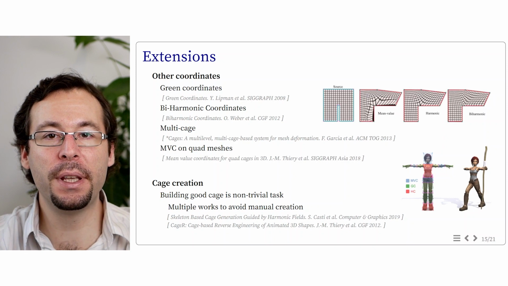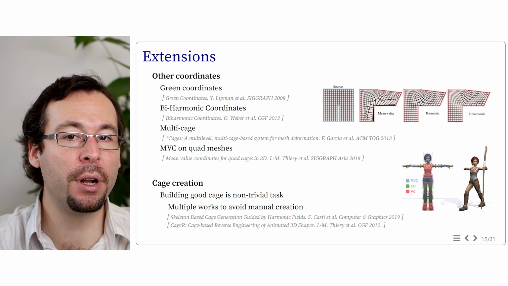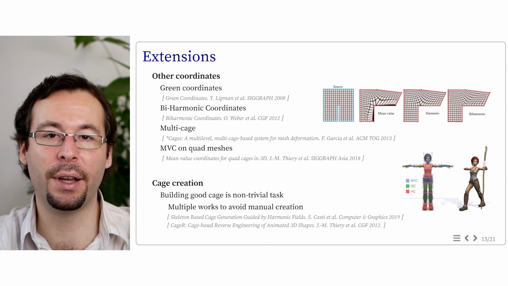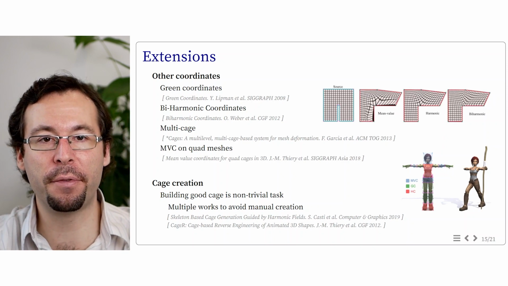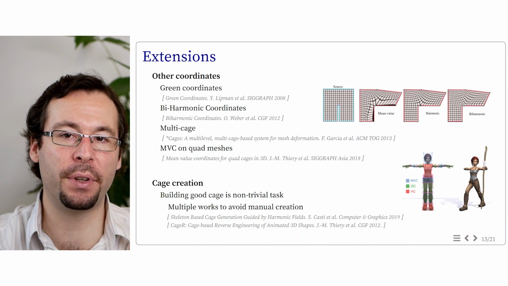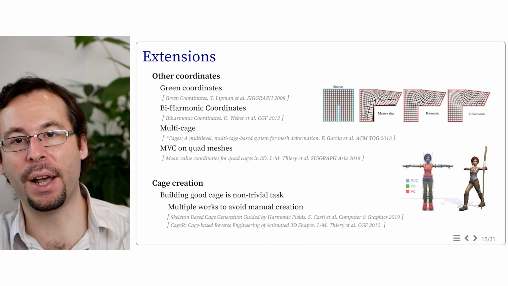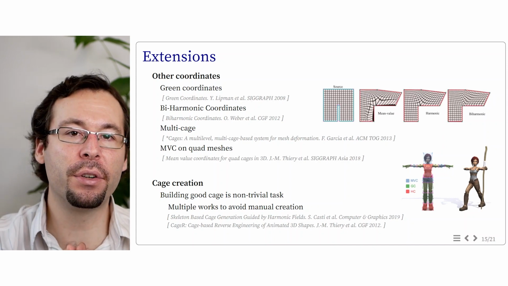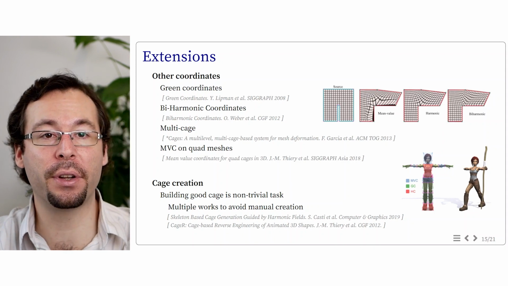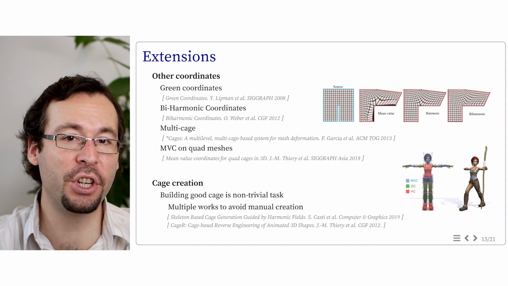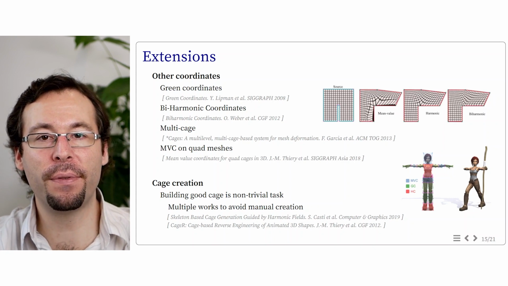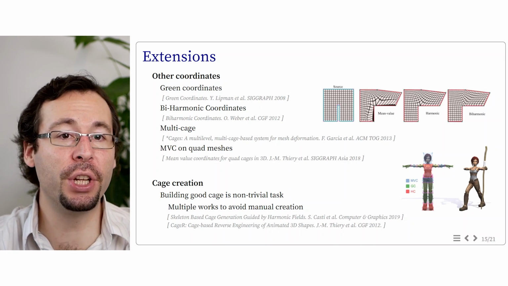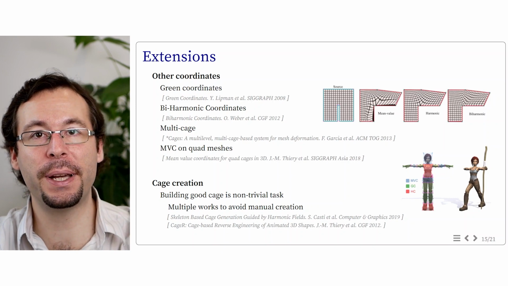There has also been work toward the use of multiple coordinates for a single character, called multi-cage, or the generalization of the use of mean values to quad meshes for the cage instead of triangular ones. Also, I didn't talk about it, but the creation of a good cage surrounding the shape is not always an easy task to do manually, so we can also find several works trying to generate such cages automatically.